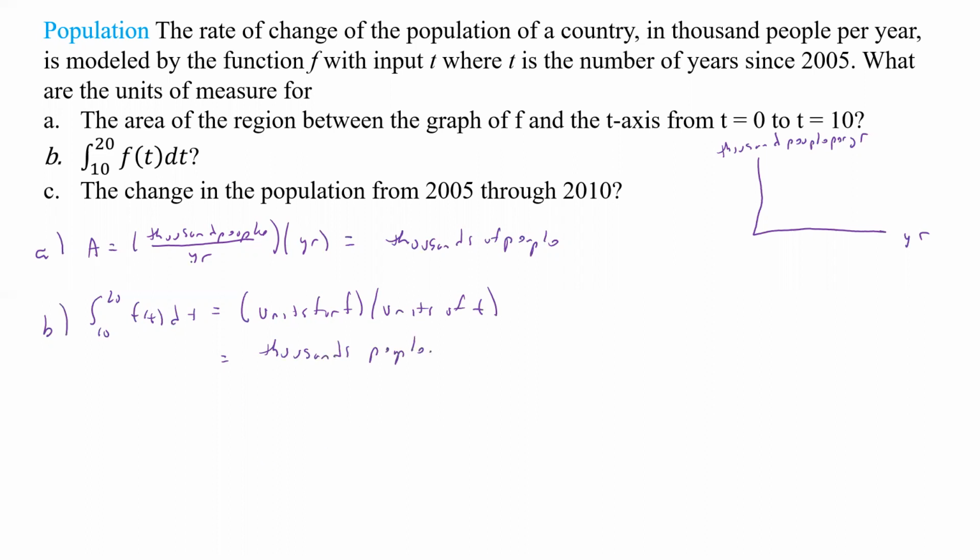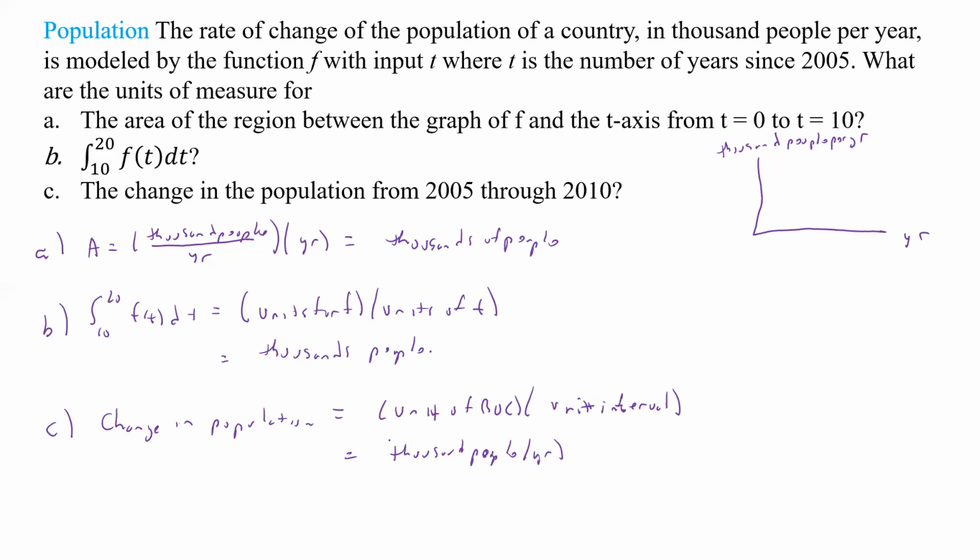Now, what's the change in the population from 2005 to 2010? Here we're going to have the change in population, and that's going to be the unit of the rate of change times the unit of the interval. The unit of the rate of change is 1,000 people per year, times the unit of the interval, years.